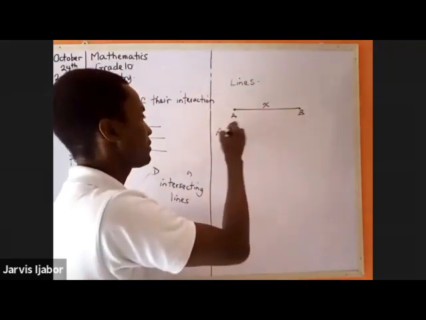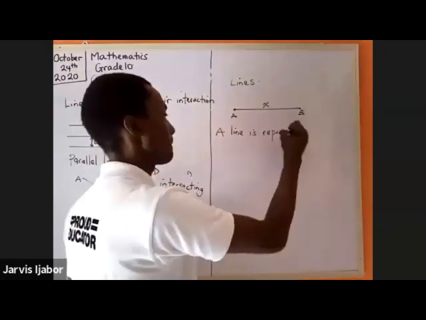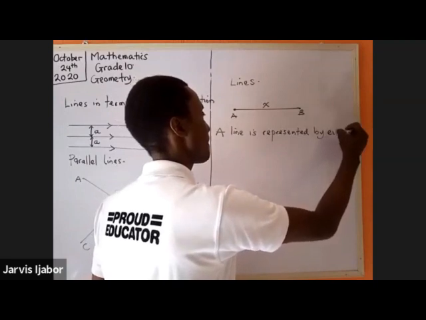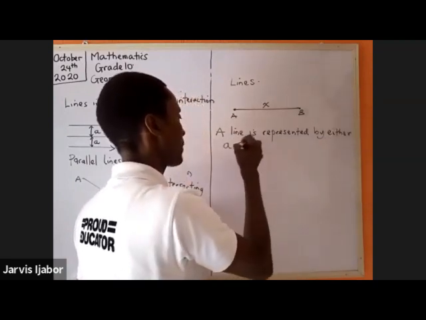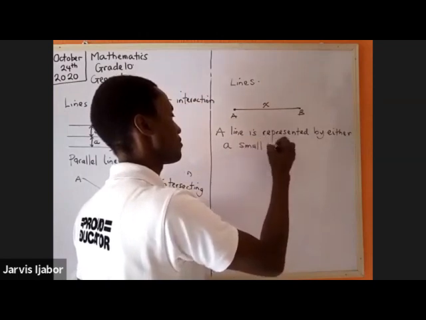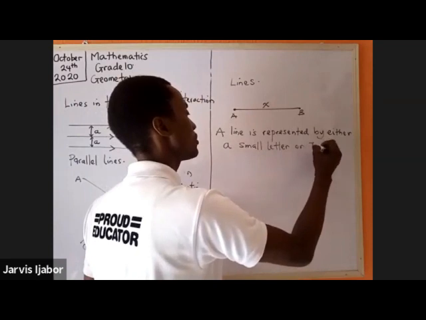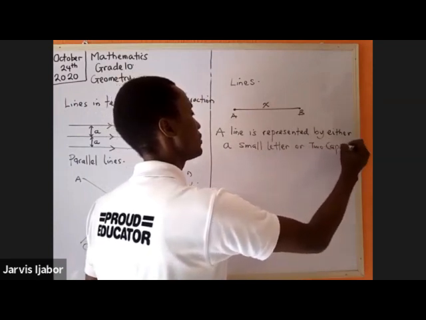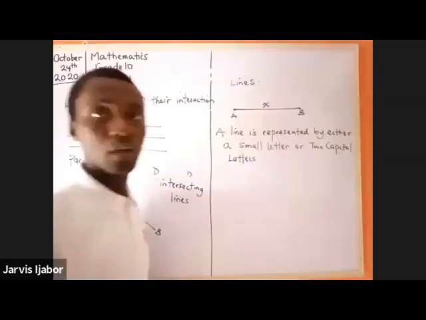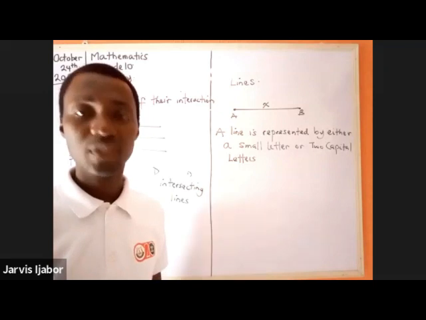So a line is represented by either a small letter or what? Two capital letters. So it's either you're using a small letter or two capital letters to represent the line.